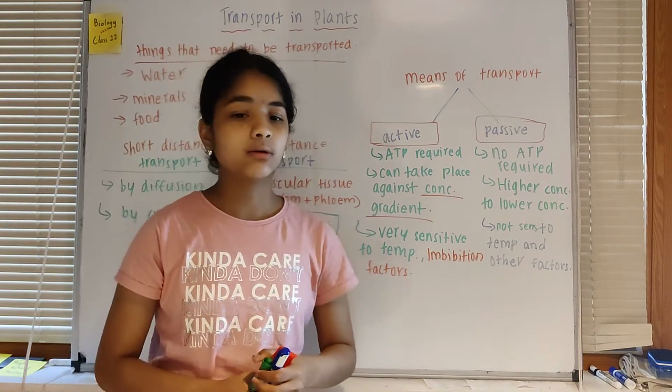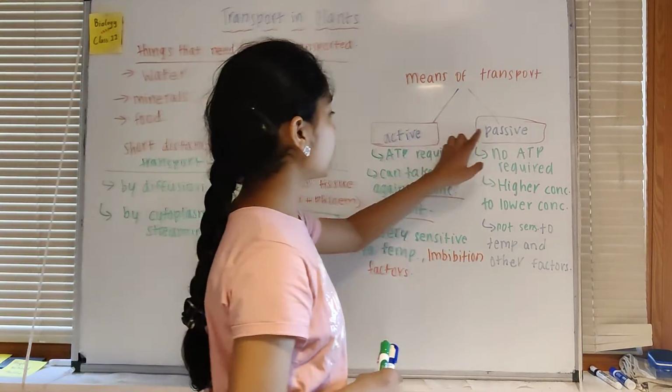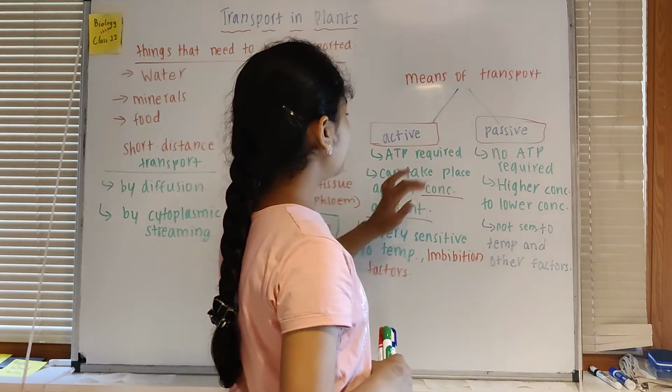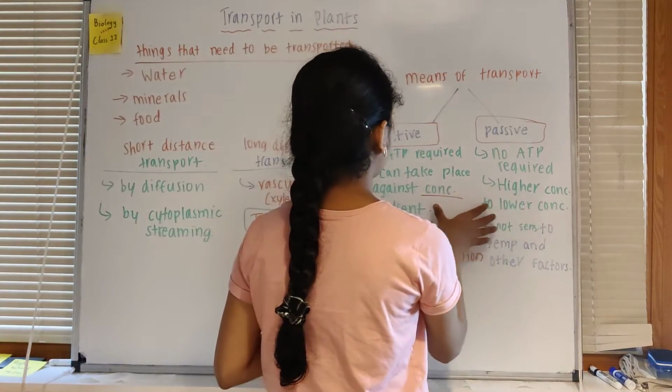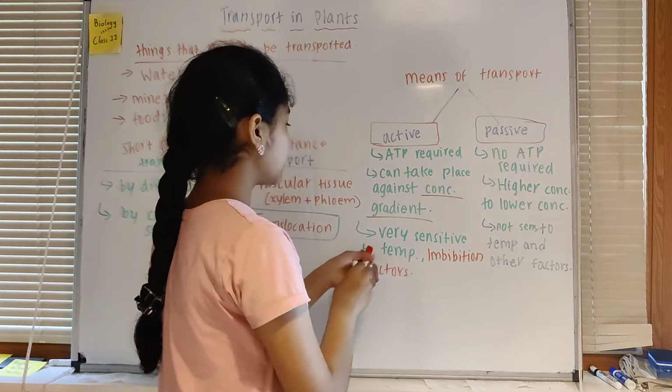So here we learned about the means of transport, active transport and passive transport. Here ATP is required, here no ATP is required. This active transport can take place against the concentration gradient.